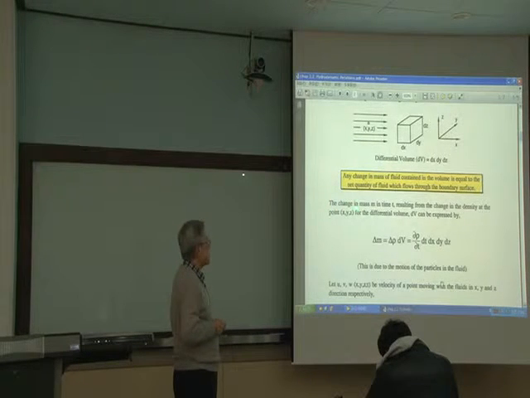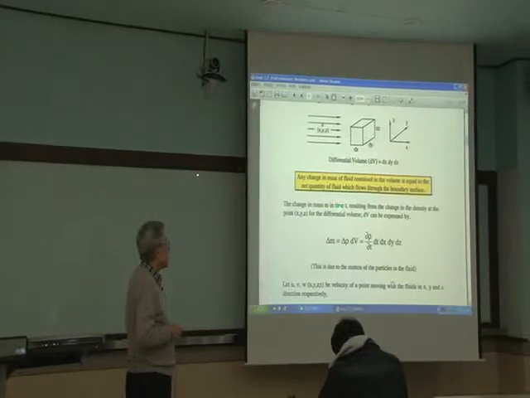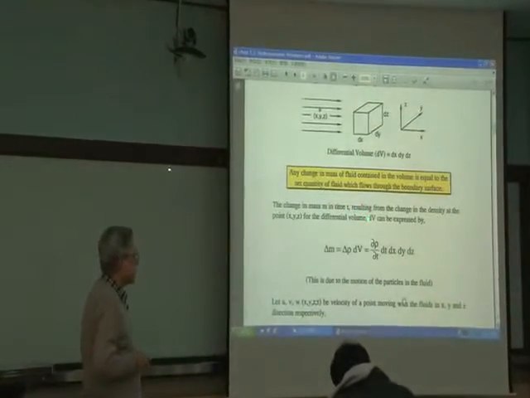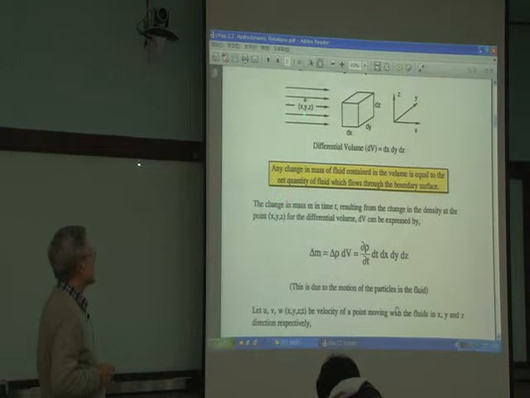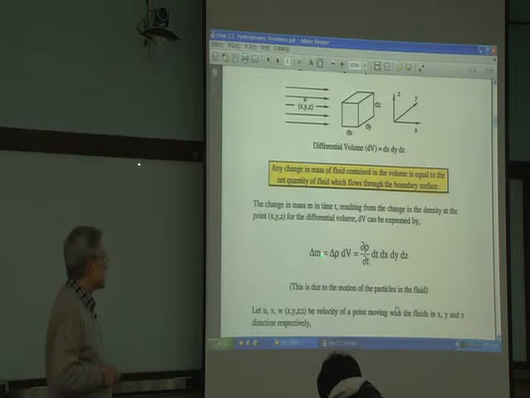So the change in mass m in time t, resulting from the change in the density at the point x, y, z for the differential volume dV, which is dx, dy, dz, can be expressed as delta m, the change in mass, is equal to delta rho times dV.